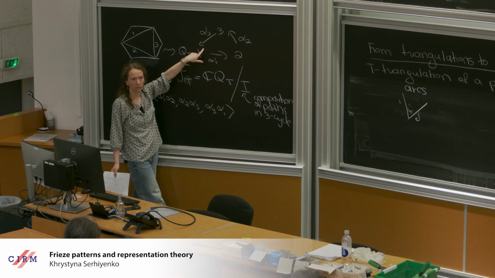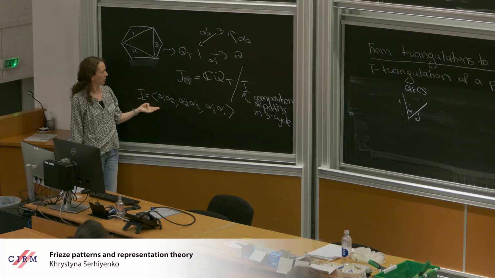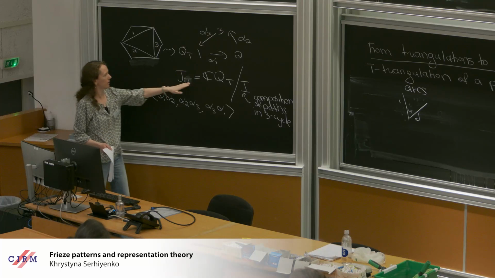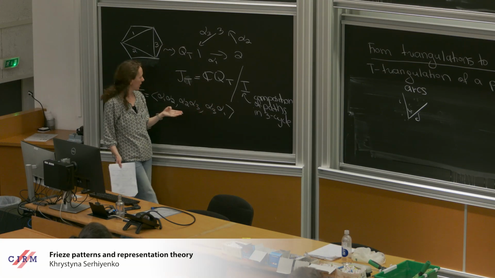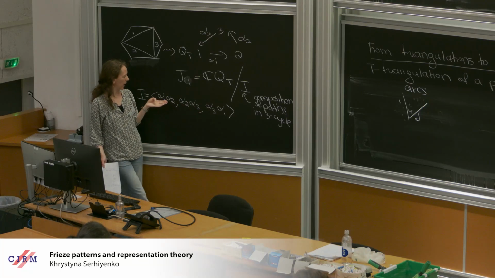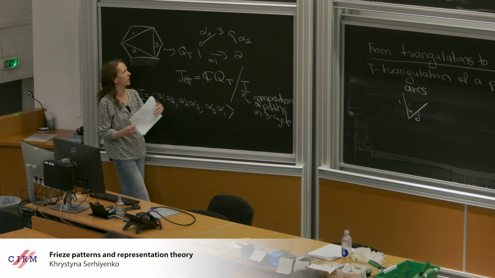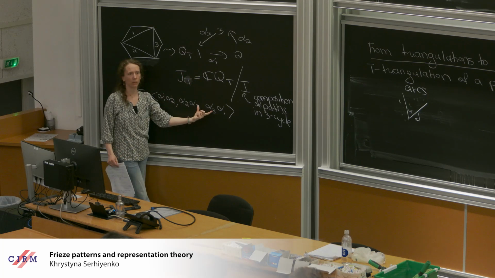So this is the ideal, and then my algebra is the path algebra of the quiver modulo this ideal. If you think of all the paths in here, if one has a subpath which is any of these, it will be 0.